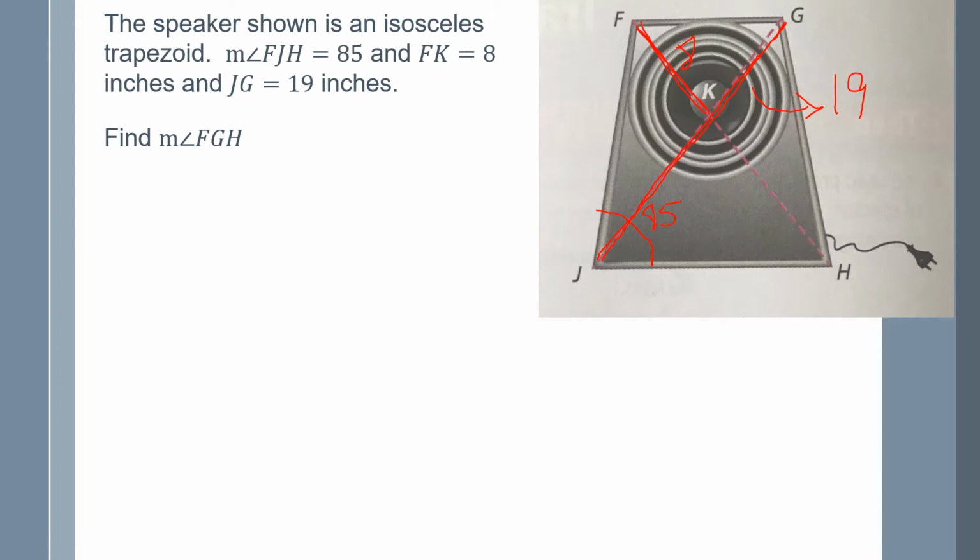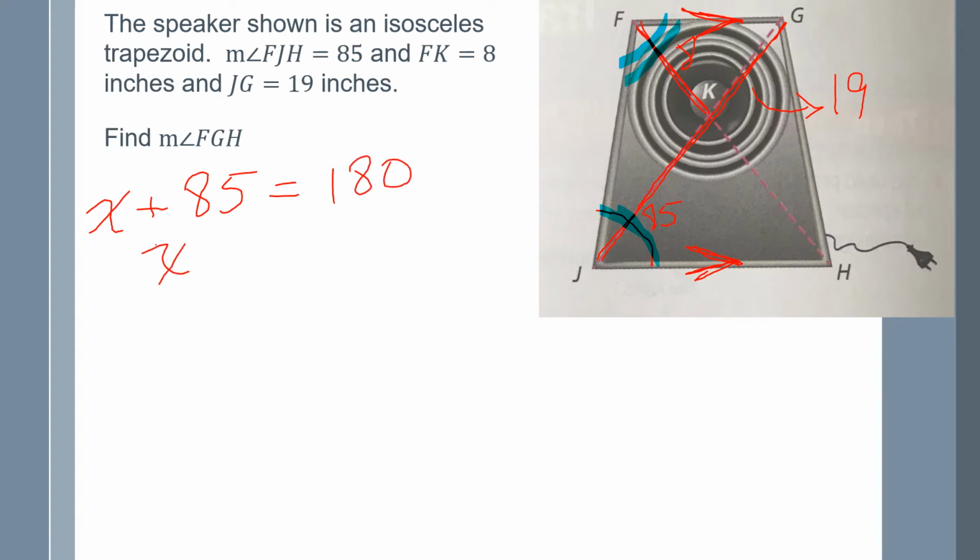Well, if this angle is 85, and we know that these two segments here and here are going to be parallel, so this angle and this angle are going to add up to 180 degrees. So we're going to say that x plus 85 equals 180.